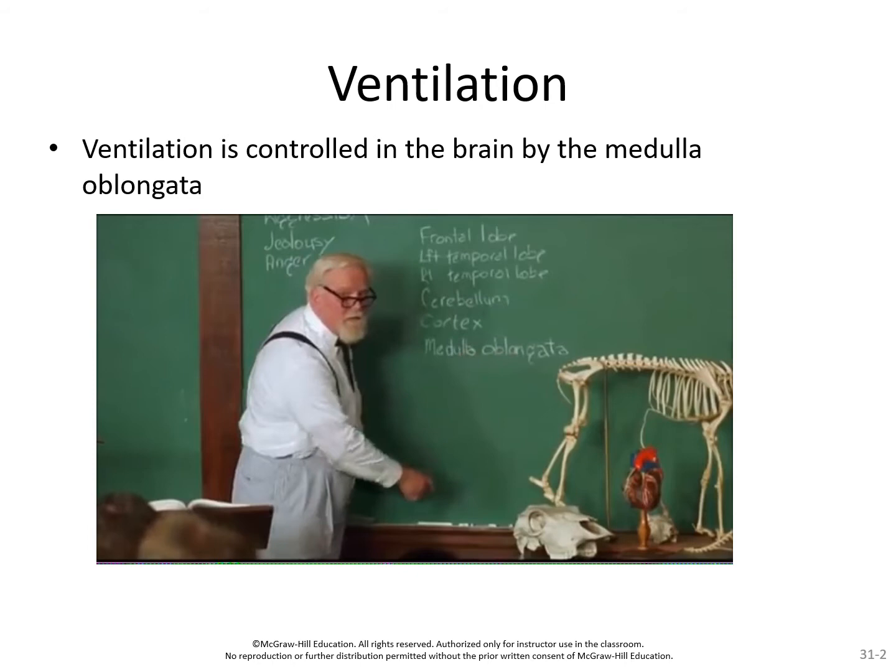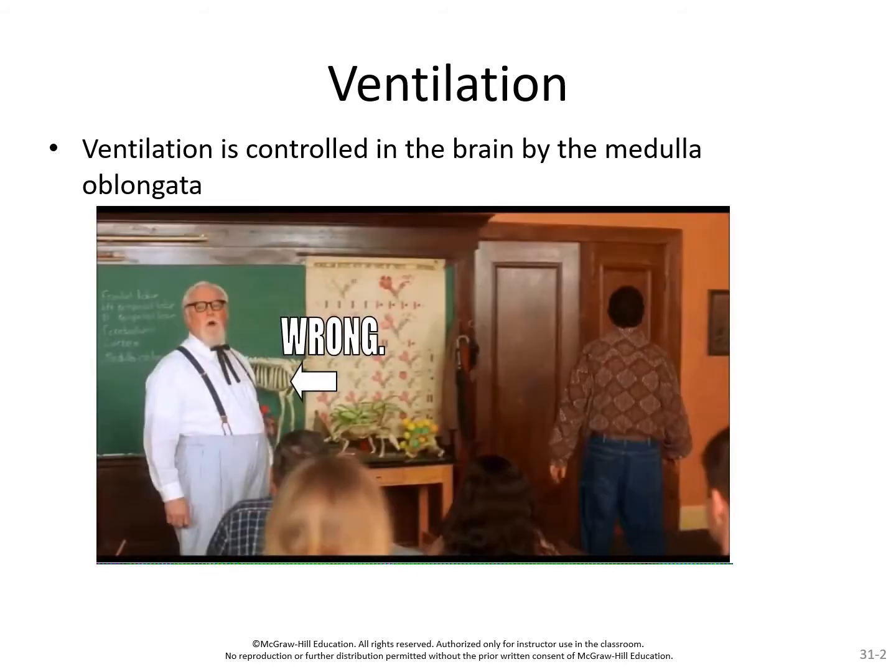So actually, Colonel Sanders is wrong. The medulla oblongata is not responsible for anger, fear, jealousy, and aggression. The medulla oblongata is actually responsible for regulating respiration rate and heart rate.